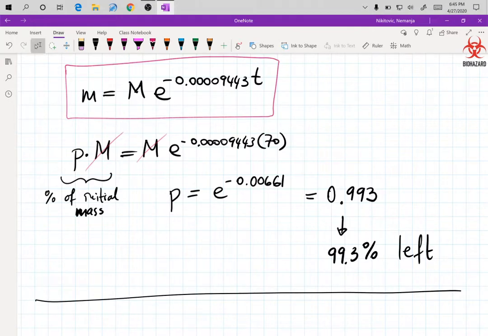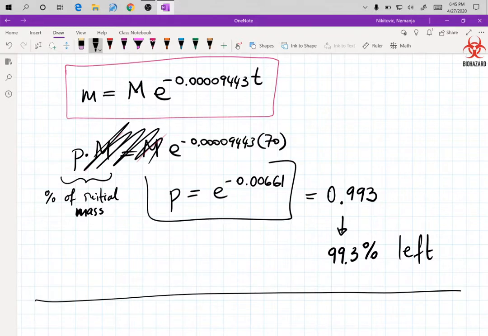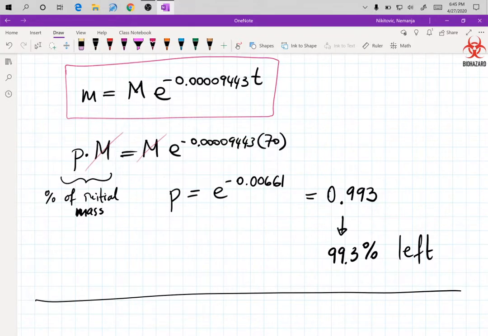Oh, well, M's canceled, right? So M's are gone. And when you cancel those M's, you get this. And you punch that in a calculator. So percent is equal to this, but it's given as a decimal.